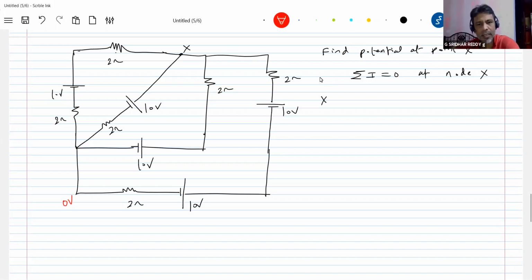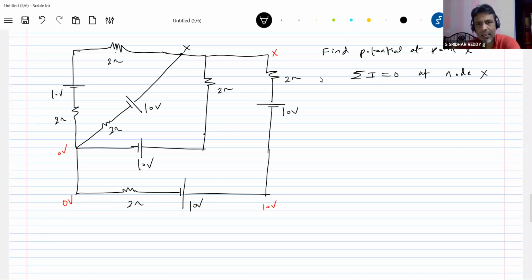This will be the 10 volt potential, and this should be X only. And this should be 0 volt. This is what I'm taking, so everything here will become 0. At node X, now I'll get into the equation.